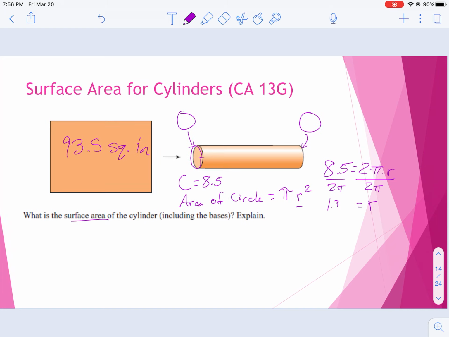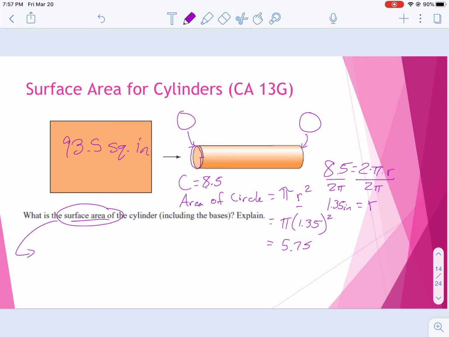And that gives me r is 1.35 inches. And now we can find the area of the circle. Pi times 1.35 squared. And when I calculate that, we get 5.75.